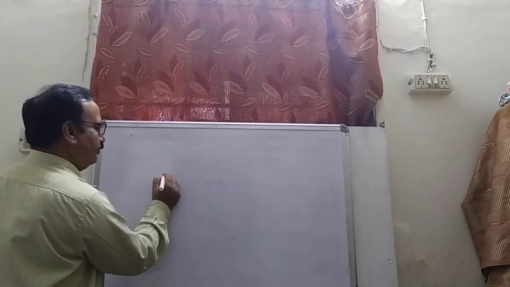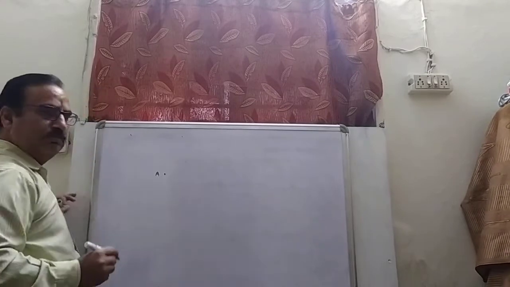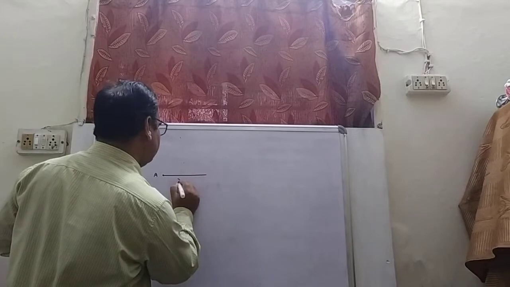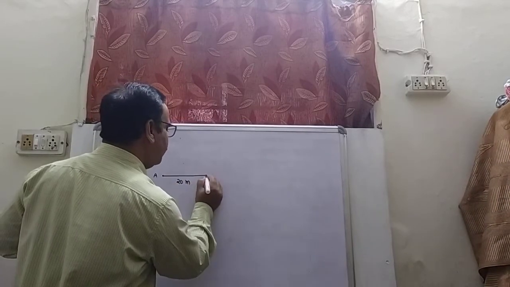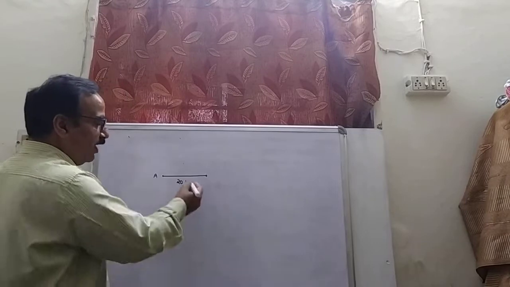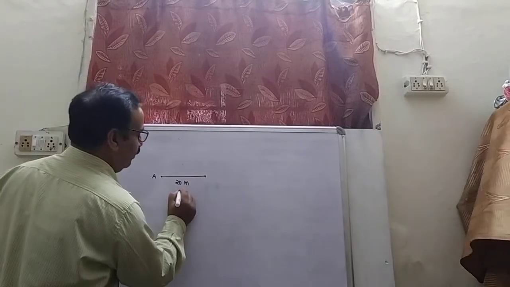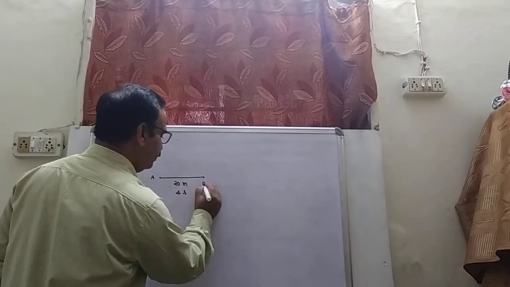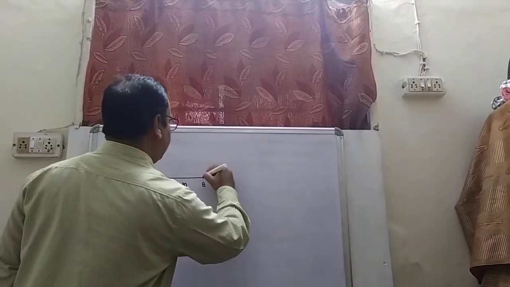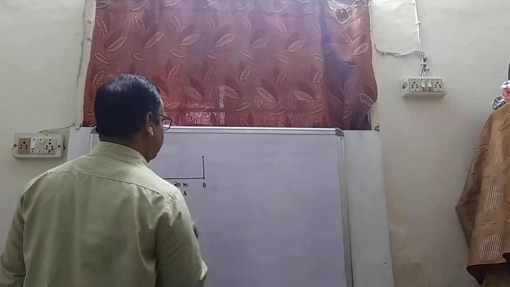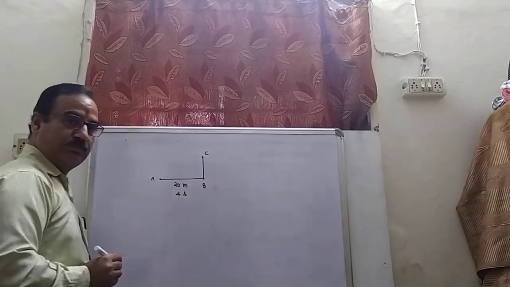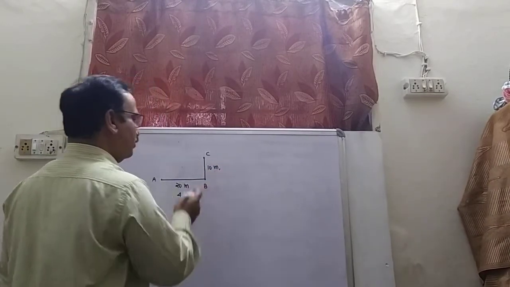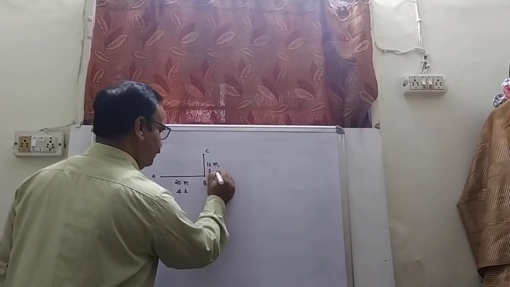Suppose an object starts from a point A, and it covers a distance of 20 meters towards east. The time taken by the object to cover that 20 meters is, suppose, 4 seconds. It reaches a point B. Now it covers a distance of 10 meters to reach a point C, and the time taken is, suppose, 1 second.